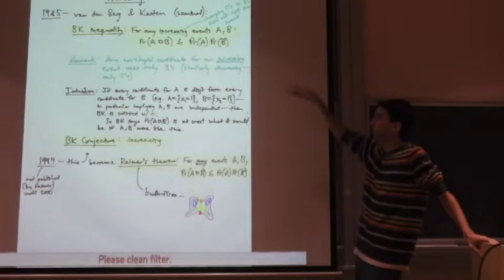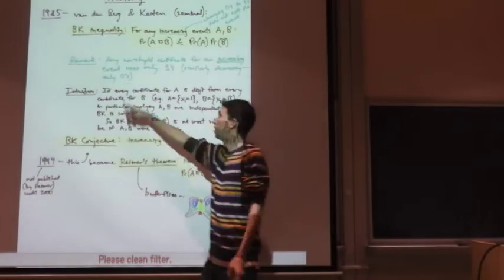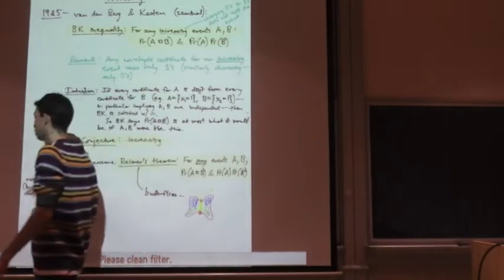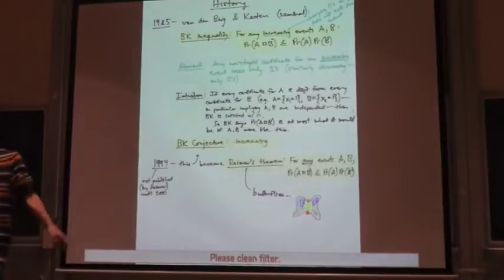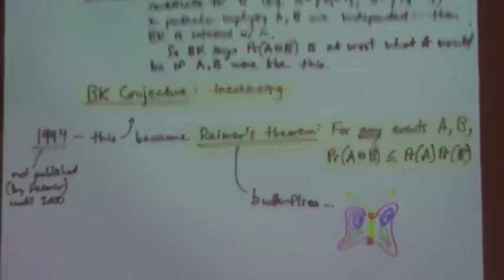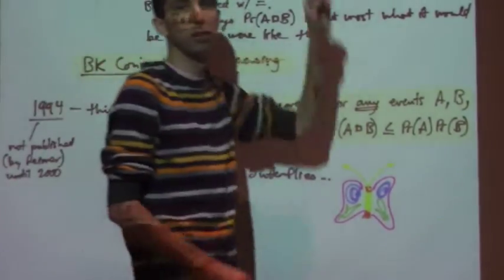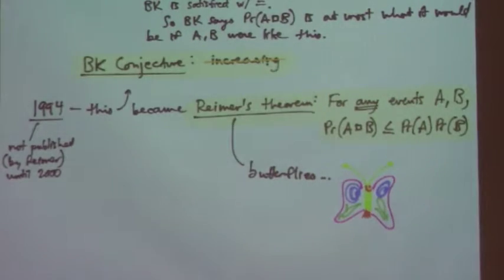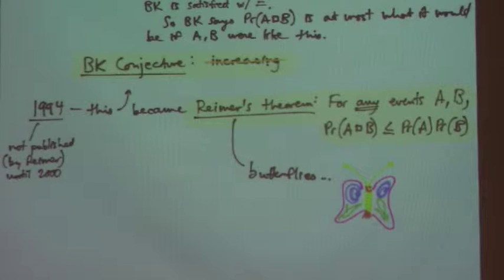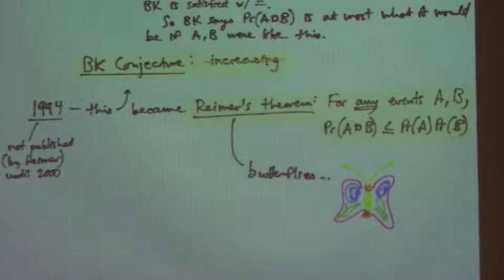So in the same paper, the Dk inequality is that. The Dk conjecture is that the same inequality holds without the requirement that the events be increasing. I have no idea why they thought that might be true, except that it is true.